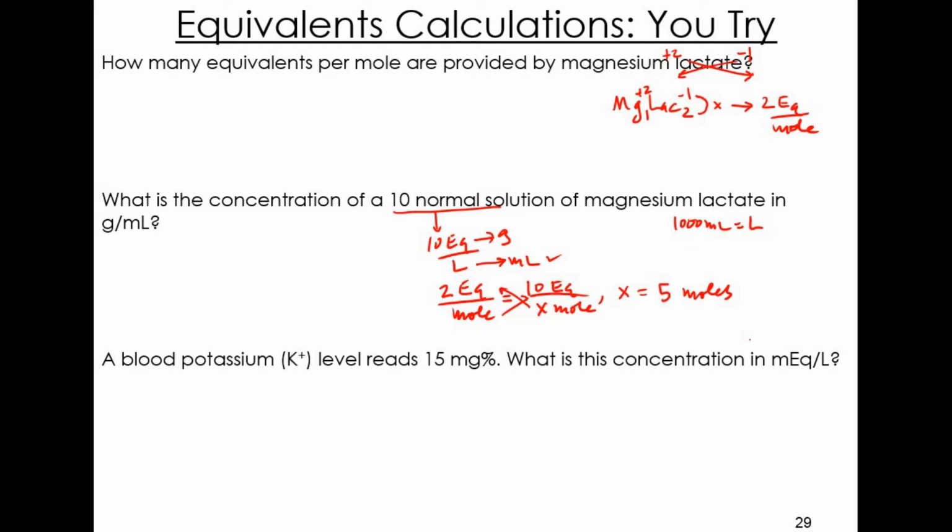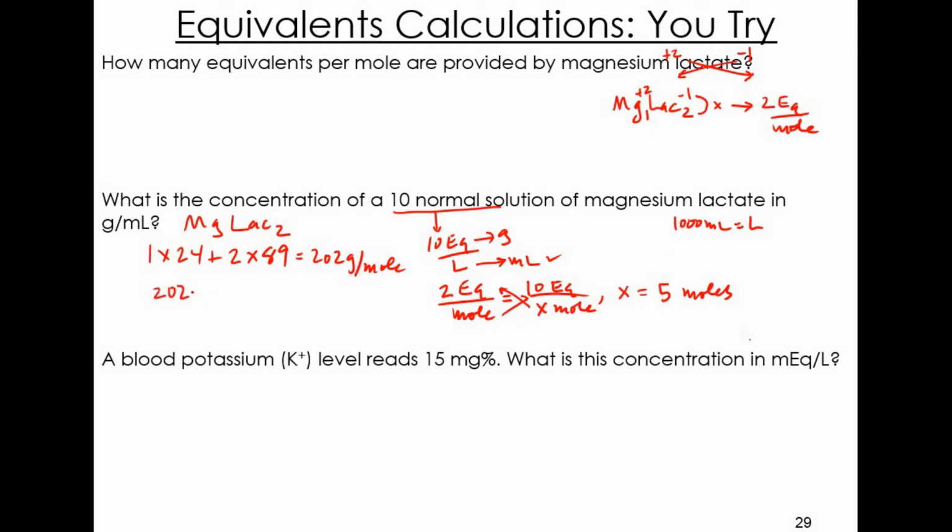And for that, we need the molecular weight. We know the formula from what we did in the first problem. Magnesium 1, lactate 2. So 1 magnesium with an atomic mass of 24 plus 2 lactates, each with a molecular weight of 89, and that should give us 202 grams per mole for the salt.